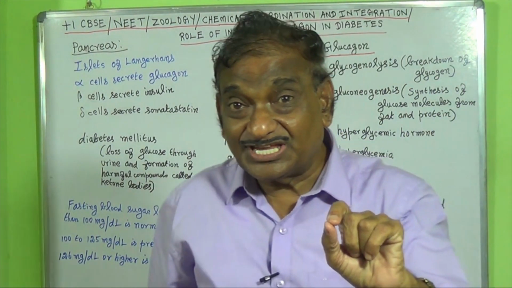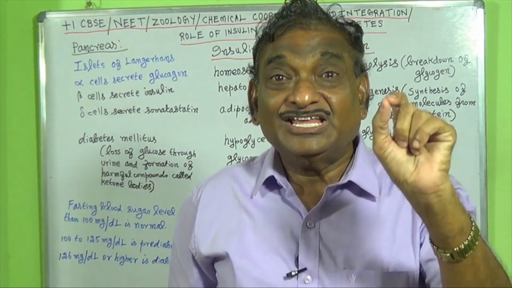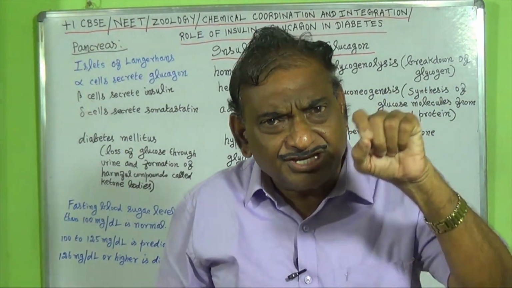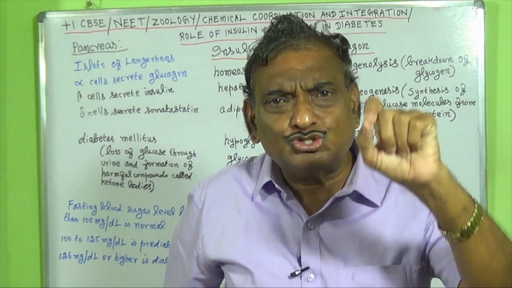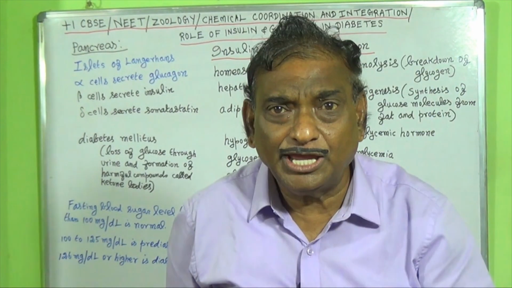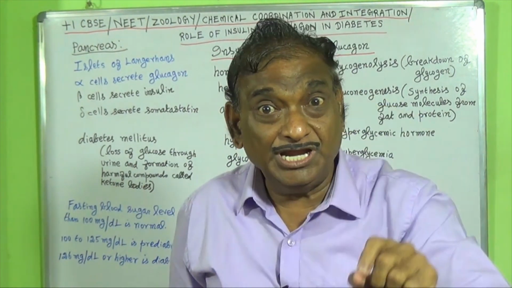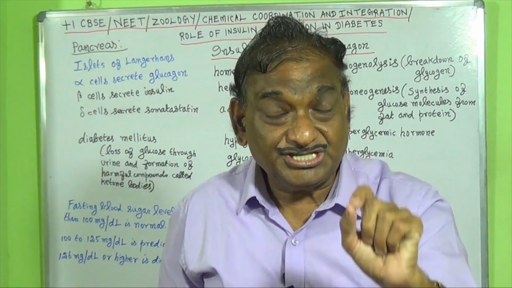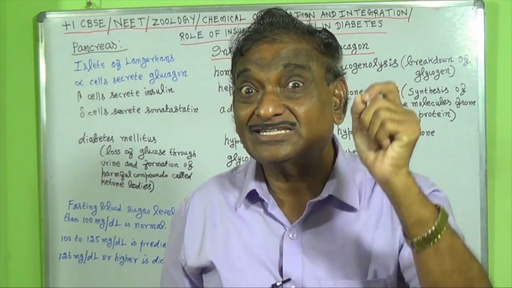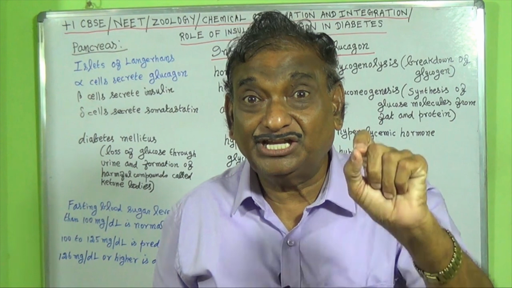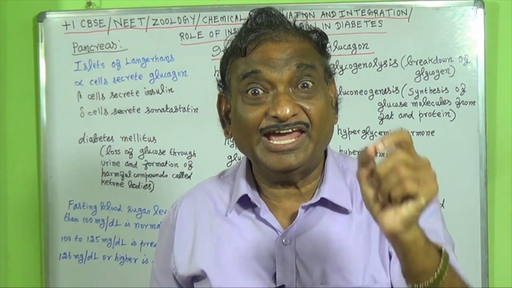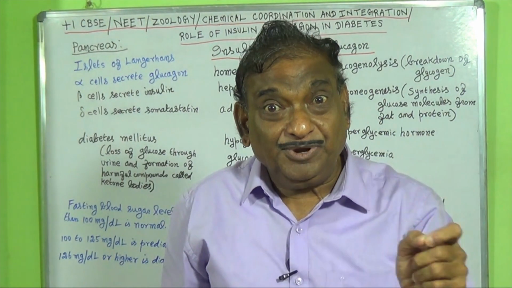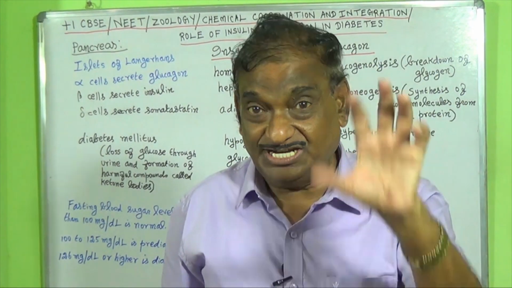These drugs will enhance the secretion of insulin. Next question arises is whether the insulin can be taken orally. No, the insulin cannot be taken orally because it is a proteinous substance and it is broken down in the digestive tract. Therefore, insulin is administered through injections.